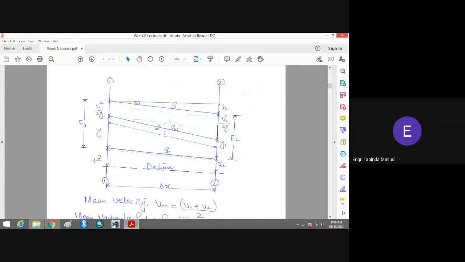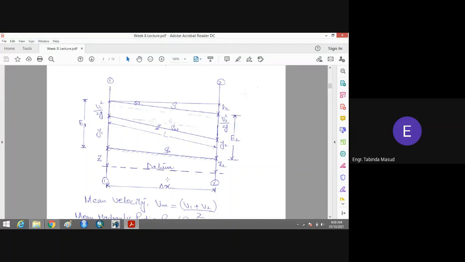At section 1-1 you can see the datum head, y1 is the depth of the flow, and this is the velocity head; y1 and the velocity head together make up the specific energy. Similarly, at section 2-2 we have the datum head, depth of flow, velocity head, head loss, and the specific energy.